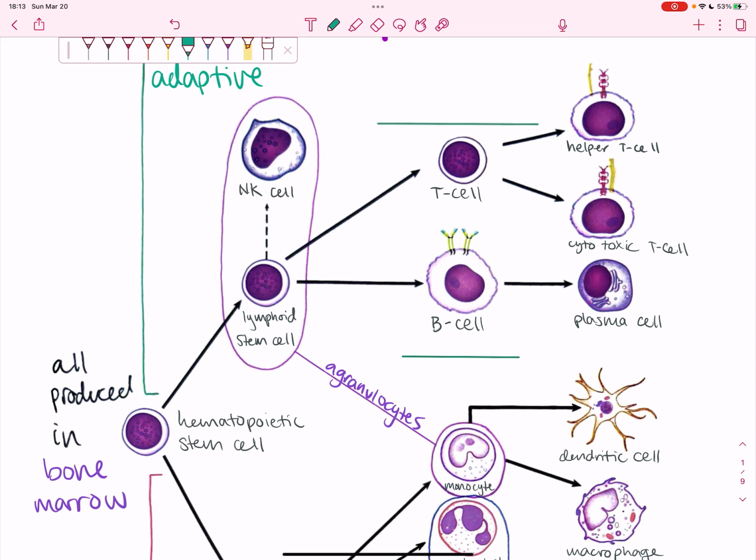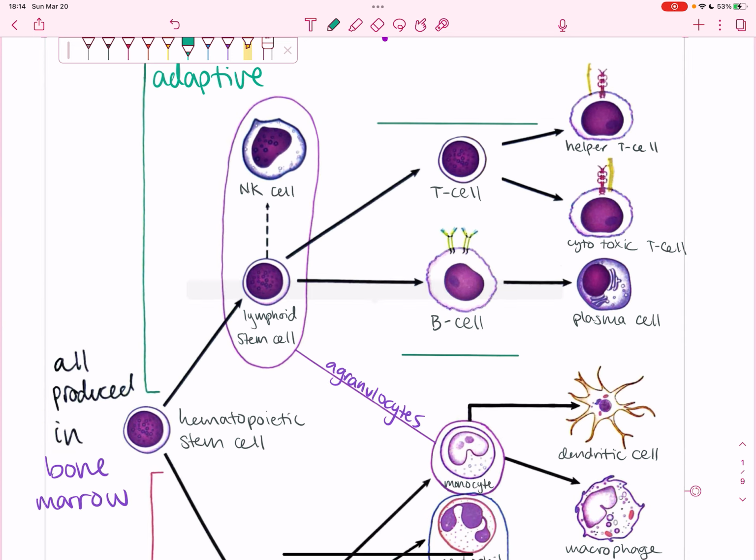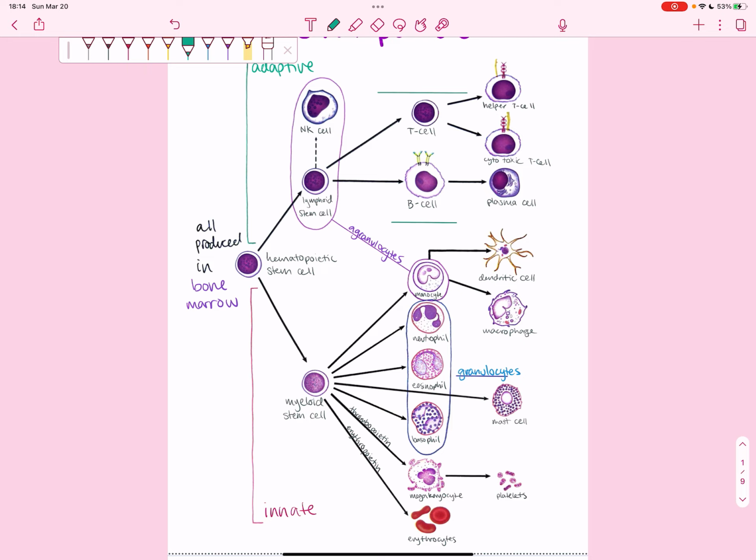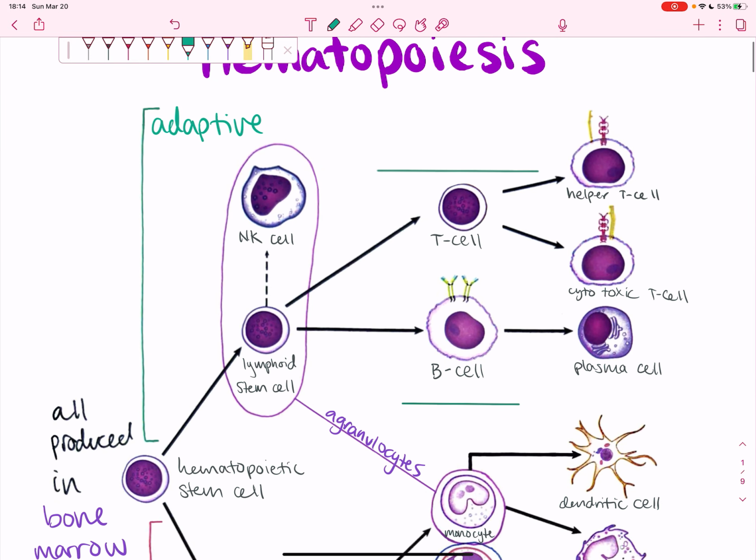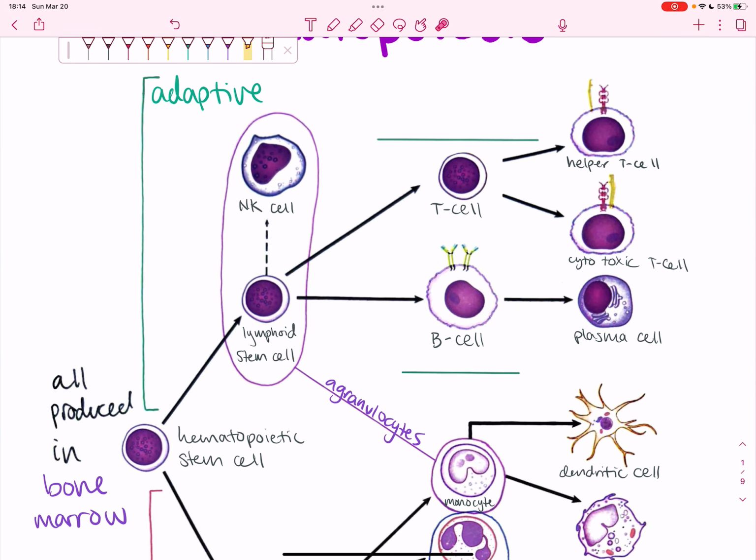All right, and so within your adaptive immune system, there's two different categories. So there's your cytotoxic immunity, also called cell-mediated immunity. But I just use cytotoxic. Either one should be fine.